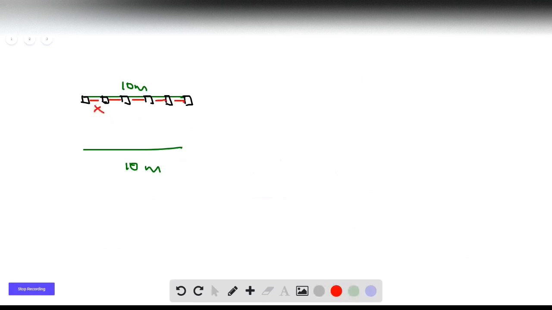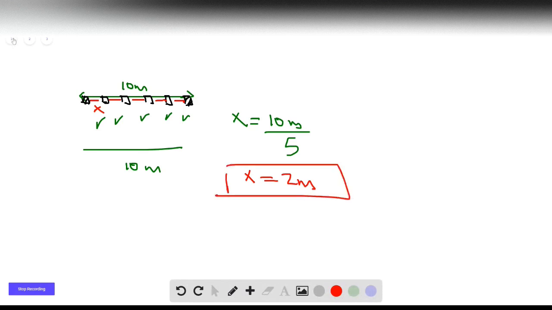And so each one of them has a distance of x. So if we want to find x, we have to take the length 10 meters, the span between the 2 extreme columns, the first column and the last column, and then we want to divide it by the 5 spaces, because we have 1, 2, 3, 4, 5 spaces, and that's going to give us 2 meters between each one of the spaces. So x has to equal 2 meters.